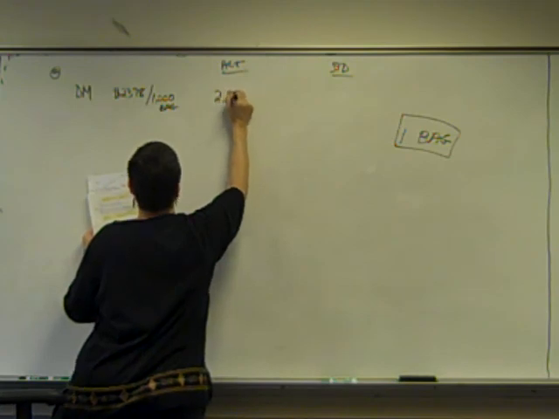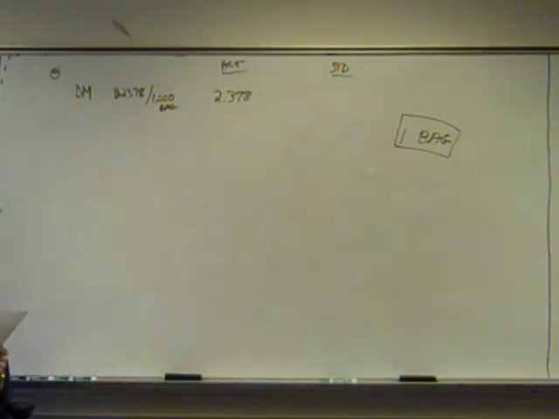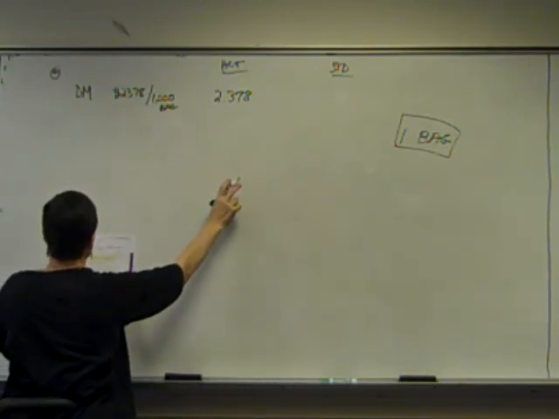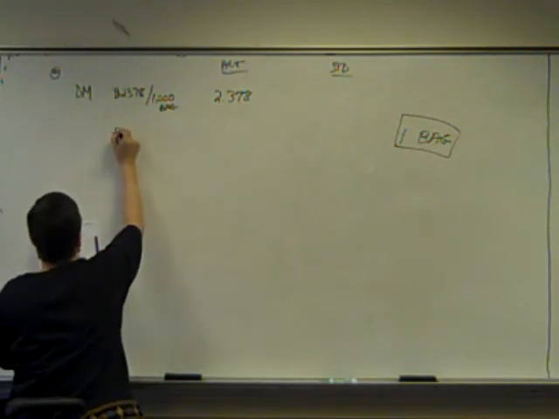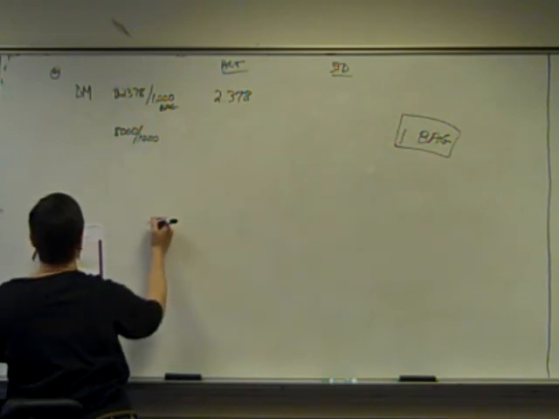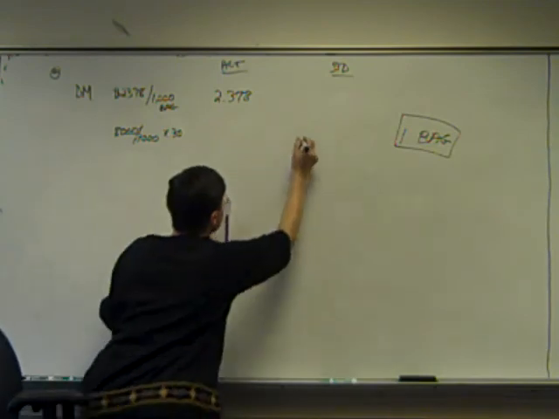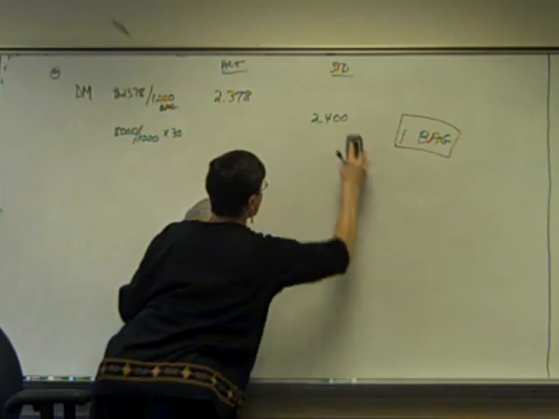So our actual cost for materials was $2.378 for 1 bag for the materials. Okay. For the standard cost, we are supposed to have 8,000 pounds to make 1,000 bags, and we are allowed to spend 30 cents. So our standard cost for materials was $2.40.